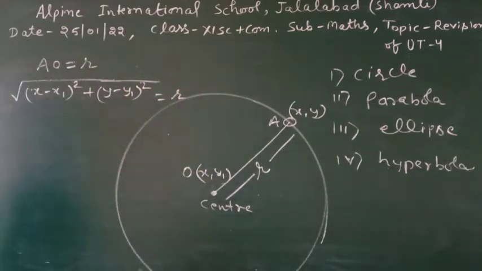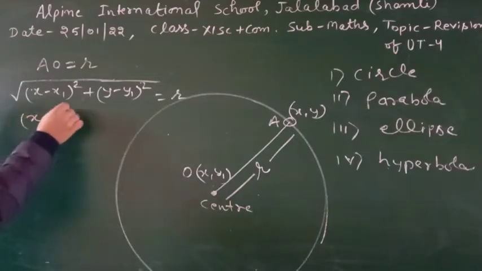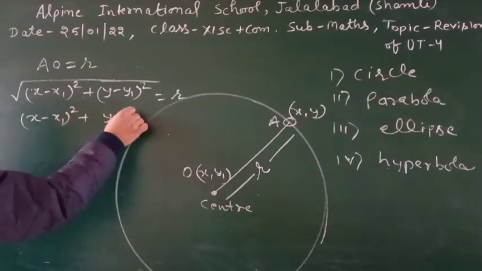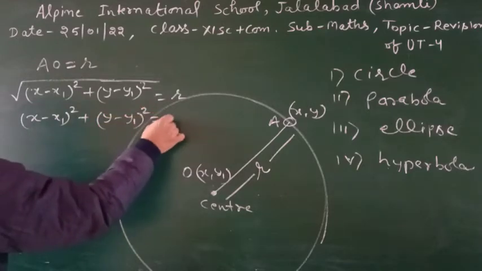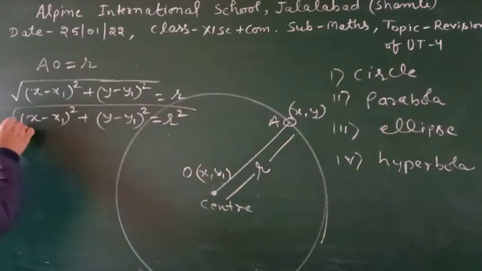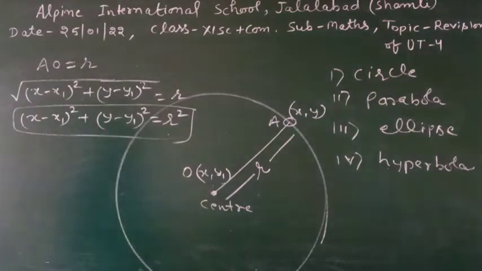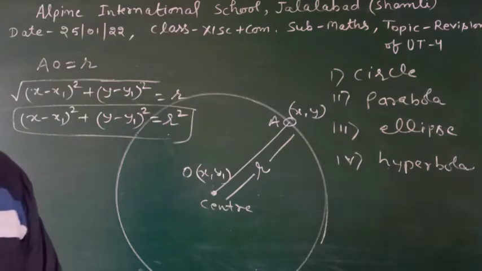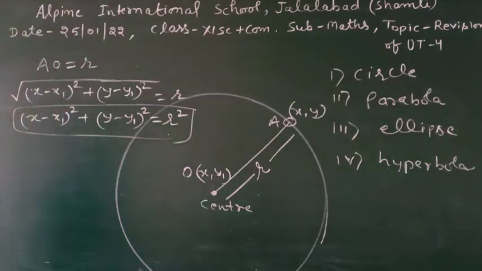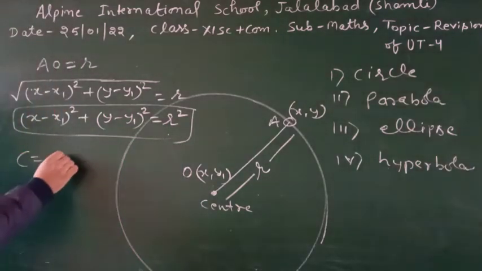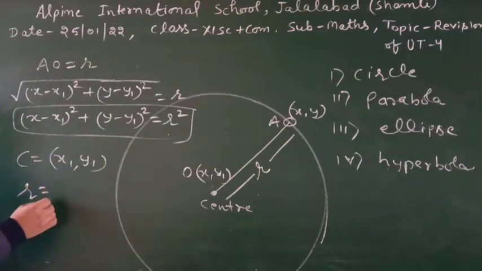Now squaring on both sides, we have (x minus x1)^2 plus (y minus y1)^2 equals r^2. This is the required equation of a circle in which (x1, y1) represents the center and r represents the radius of the circle.